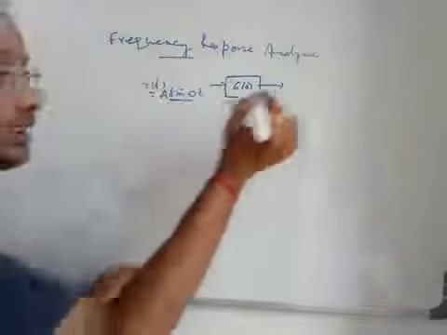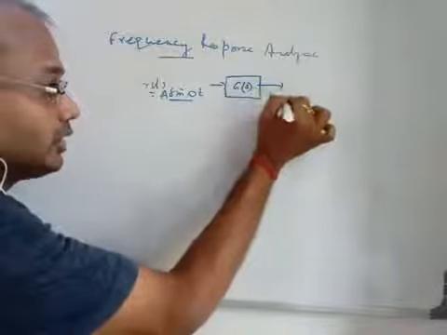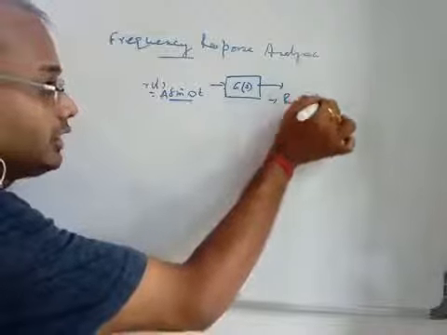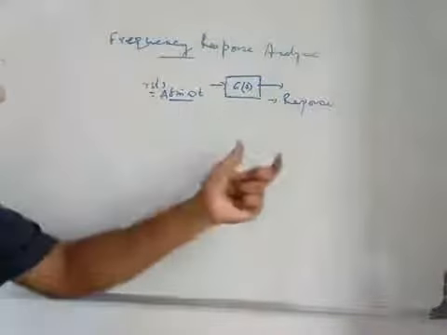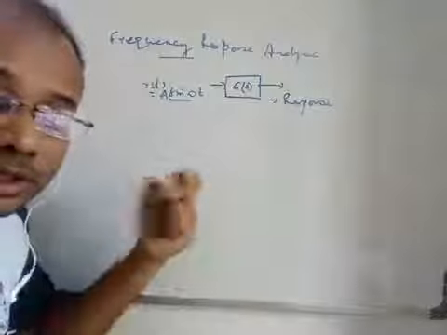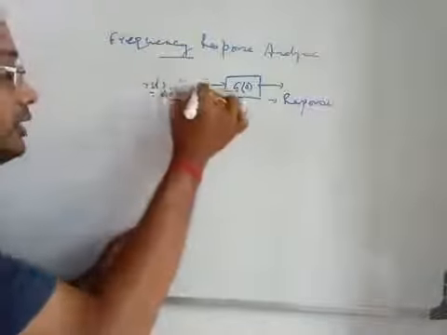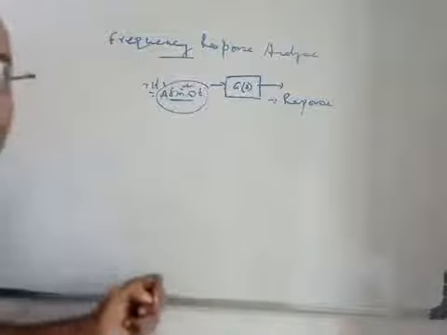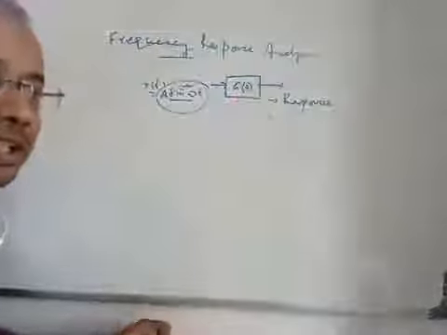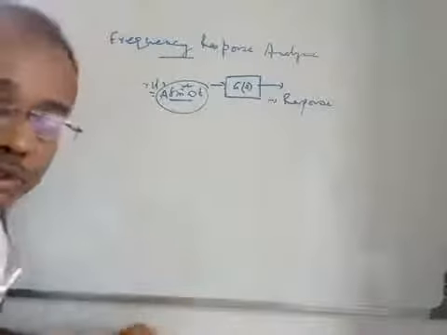If we apply it, we will get the response, the output of the system. As we are dealing with a sinusoidal input, whatever we get is known as the frequency response.